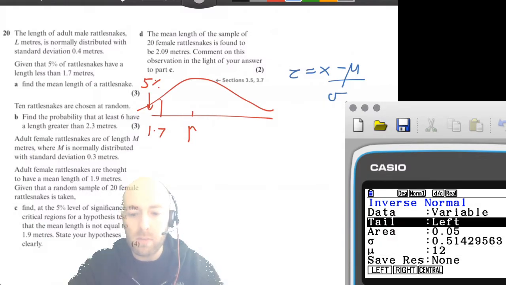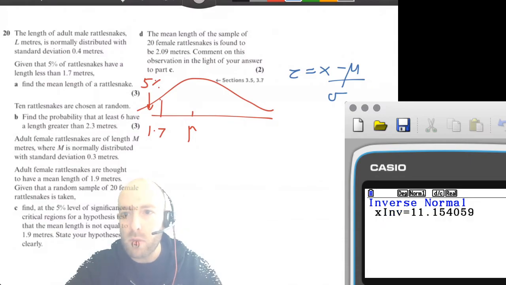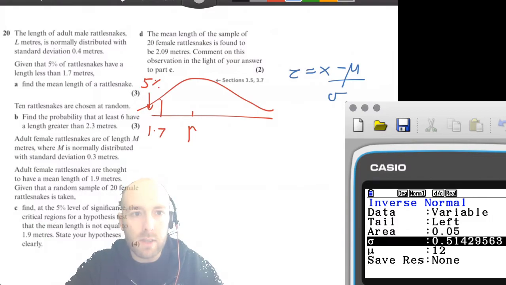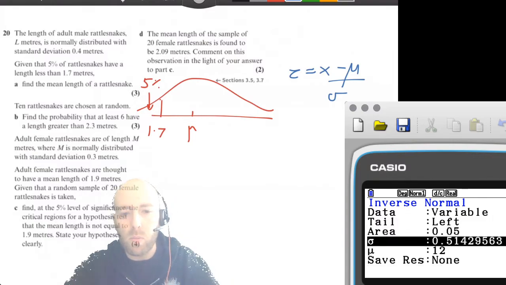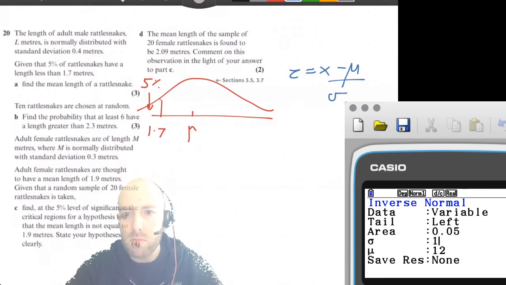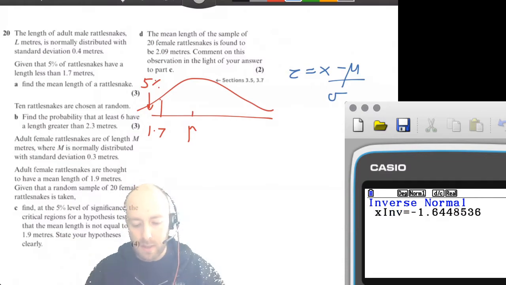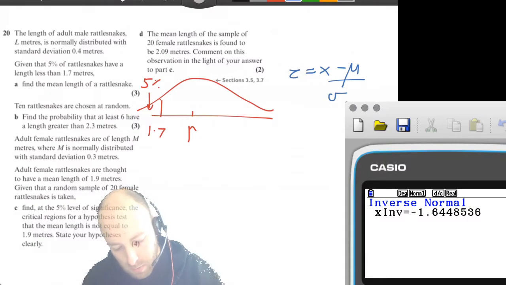So I'm going to put in 5%, 0.05. The sigma, standard deviation, is going to be 1 for a standard normal, and mu is 0 for a standardized normal. So click on execute, and that finds us the Z value. So the Z value corresponding to 1.7 is minus 1.645.